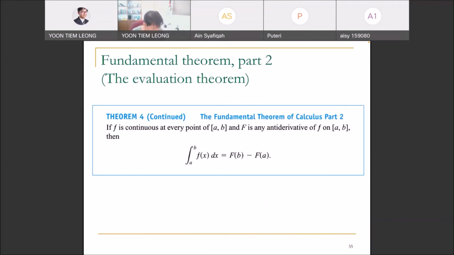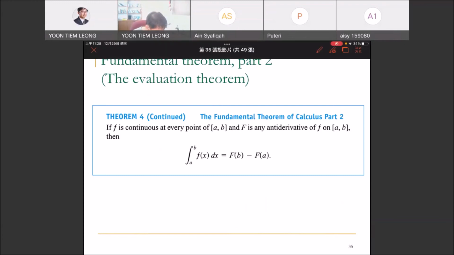Okay, then we have to go to the second part of the fundamental theorem of calculus, which is called the evaluation theorem. This is the part that relates the definite integral and the indefinite integral. It says that if you have a function f(x), then you perform a definite integral of the function from a to b.